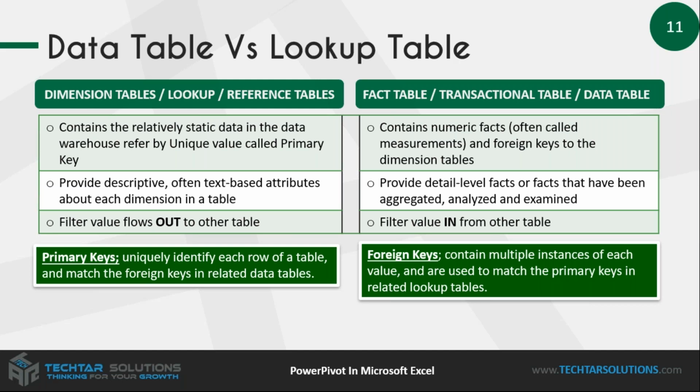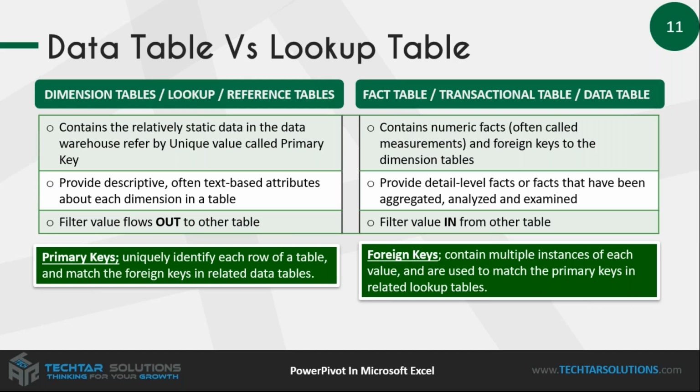In the dimension table or lookup table, we store all the static information that contains the attributes of the business entity. In our case, customer ID 108 is the ID which belongs to Mr. John, having the gender male, with a particular address, particular contact number, and other particular information.